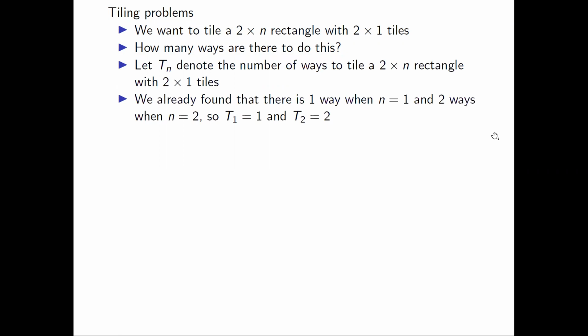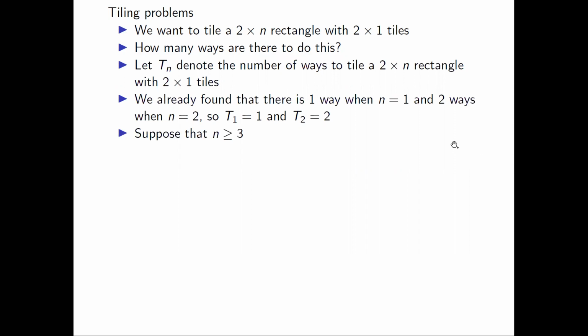We already found the value of T sub n when n equals 1 and when n equals 2. When n equals 1, we saw that T sub 1 equals 1, and n equals 2 tells us that T sub 2 equals 2 because there were 2 ways to tile the 2 by 2 rectangle.